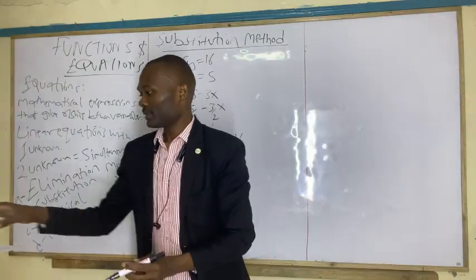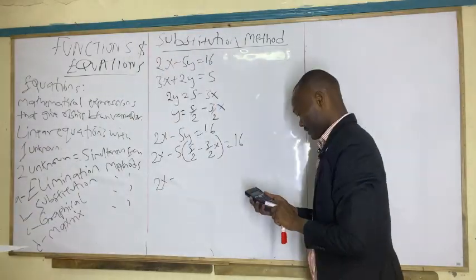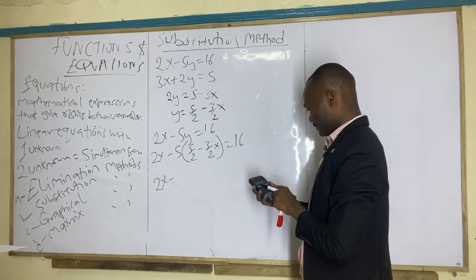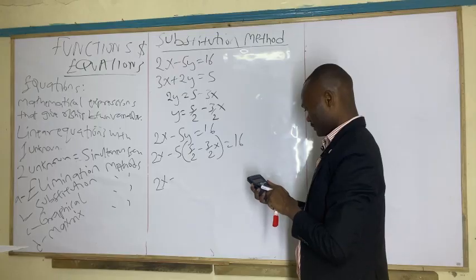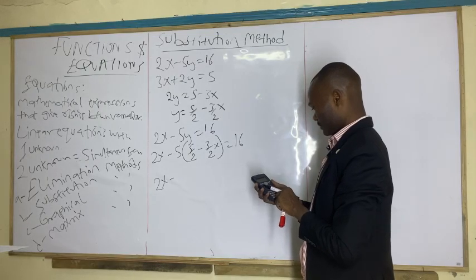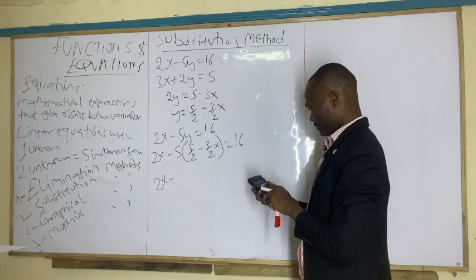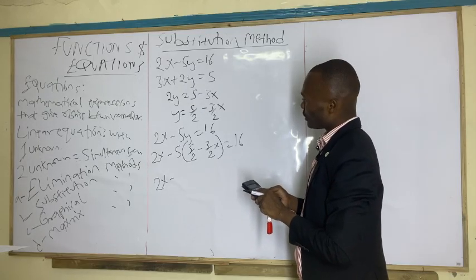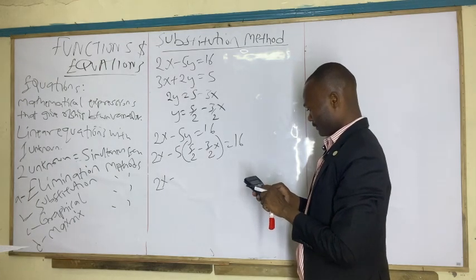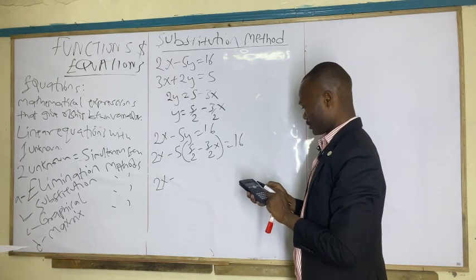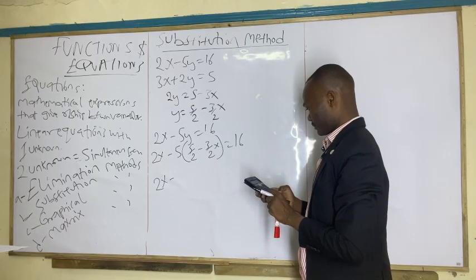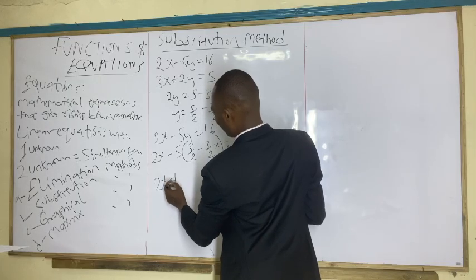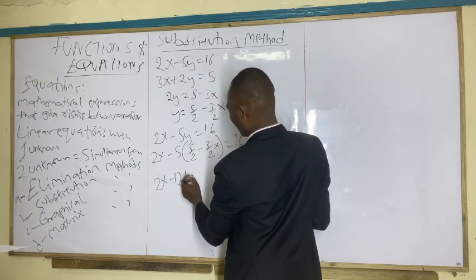Let us use our calculators, ladies and gentlemen. So 5 times 5 over 2 is 12 and 1 over 2.